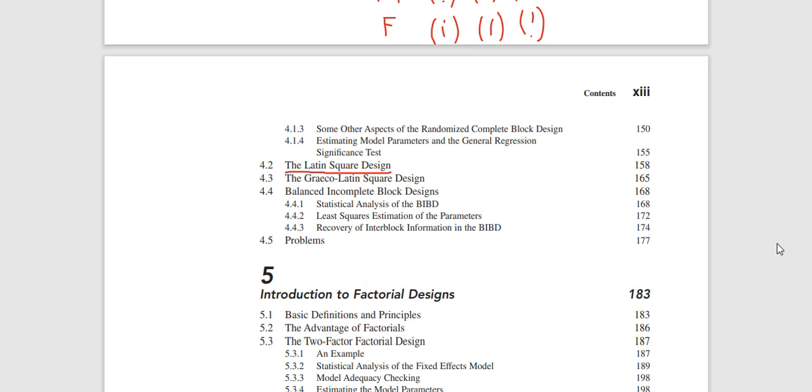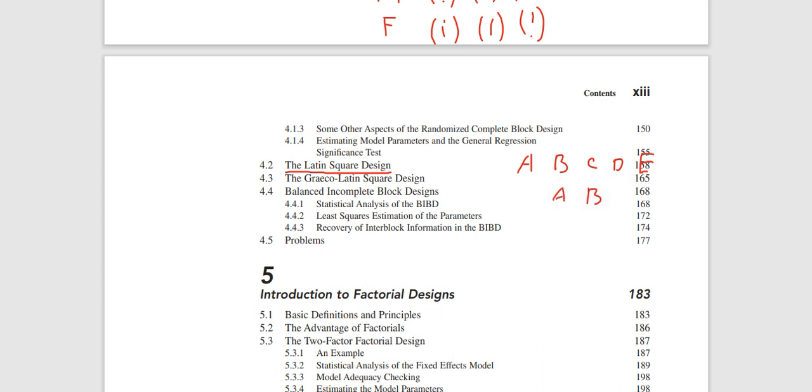So let's say we have A, B, C, D, E. A simple Latin square is just like that: A, B, C, D, E, and we put A here.